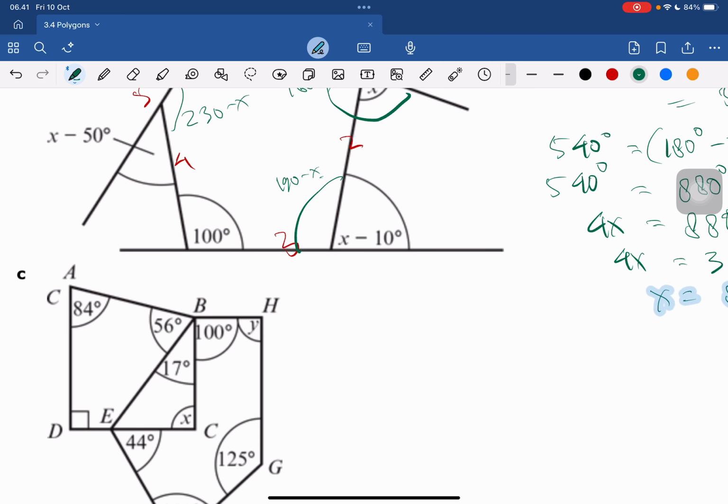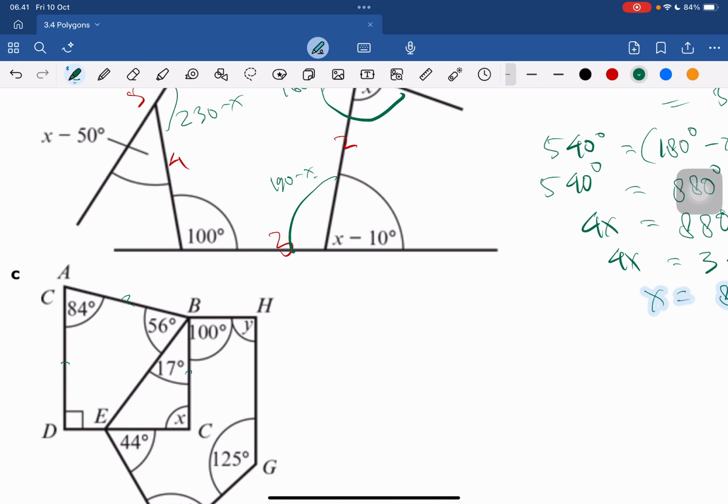Look at the C. We got 1, 2, 3, 4, a quadrilateral. So the total of the interior angles is 360. So this is 84 degrees plus this, we put it together, 56 degrees plus 17 degrees plus x plus a right angle, 90 degrees.